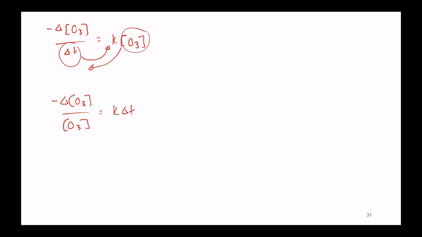In other words, I'm going to drop this delta and change this equation into a notation that might look a little bit more familiar for those who are comfortable with calculus. Negative d concentration O3 divided by concentration O3 is equal to k times dt.